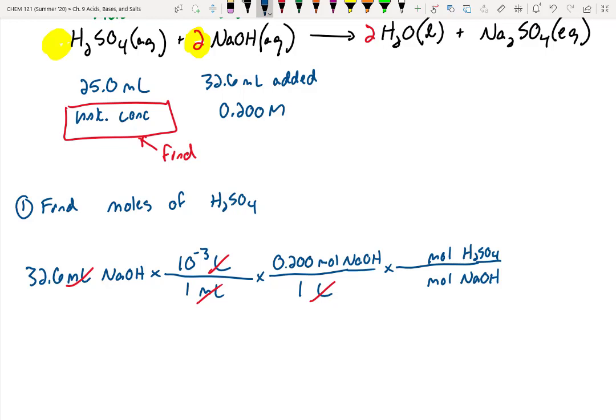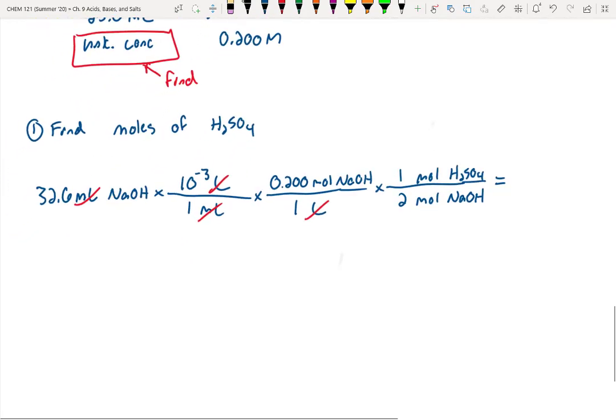So down here, I would want to put a 2 with the sodium hydroxide and then the 1 with the sulfuric acid. So it looks really similar, but if you don't balance the equation, you forget this step and your answer is all wrong. So you do need to go through and do the stoichiometry.